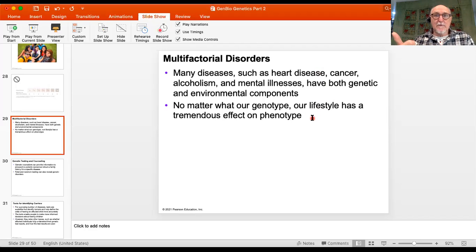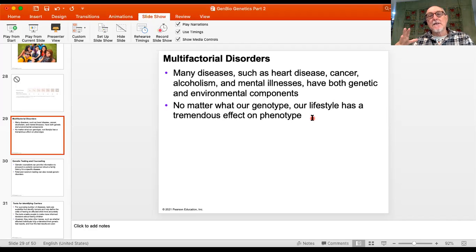Heart disease we discussed, cancer, alcoholism, mental illnesses. All of these things have multifactorial causes, not only genes, but also lifestyle and diet, and all sorts of other contributing features may coalesce to predispose a person to one of these diseases.